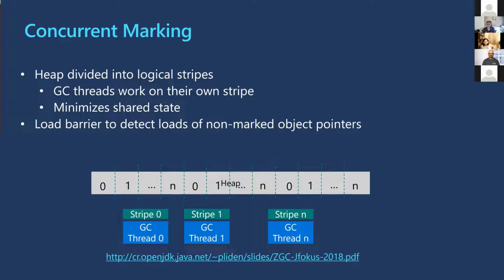All right, so the last thing I wanted to talk about was concurrent reference processing. I'm calling it out here because lots of people only know reference processing to happen during a stop the world process, but ZGC has taken that out of the stop the world process and actually does it during concurrent marking.